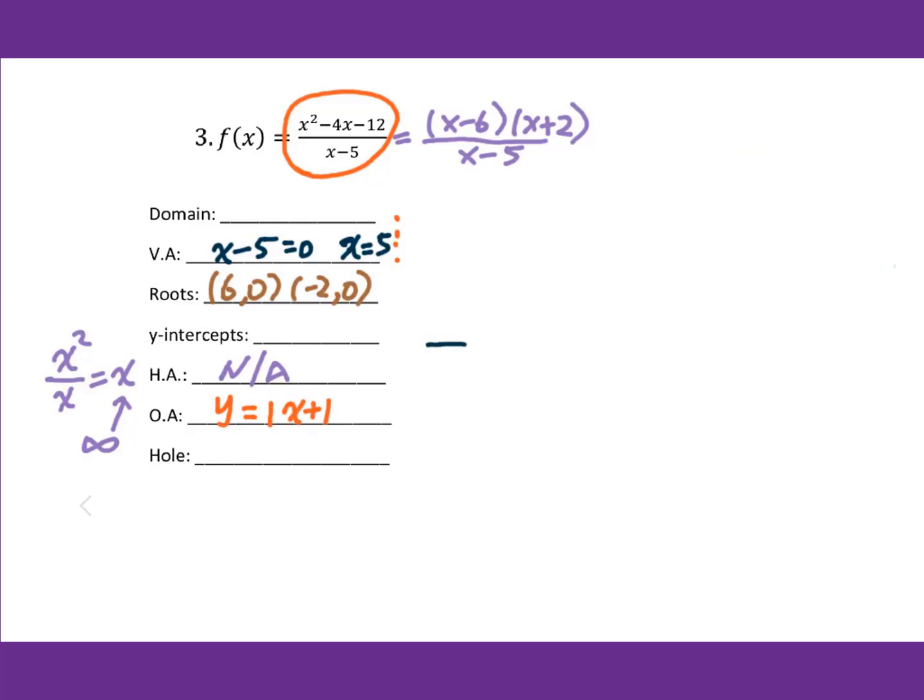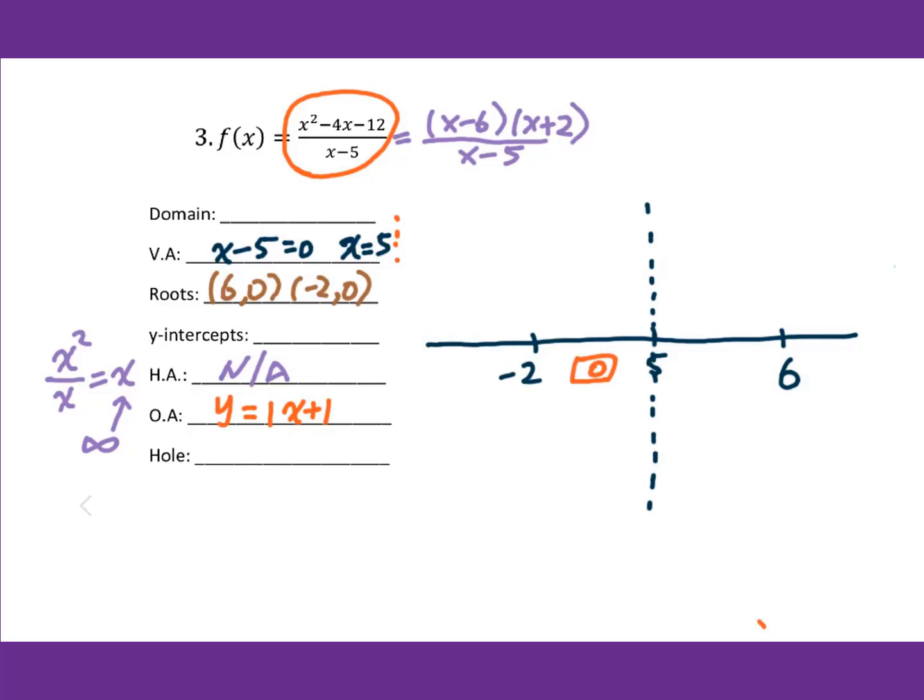Now let's draw the number line. Get -2, 5, and 6. 5 will be the vertical asymptote line. Still, we need a 0.